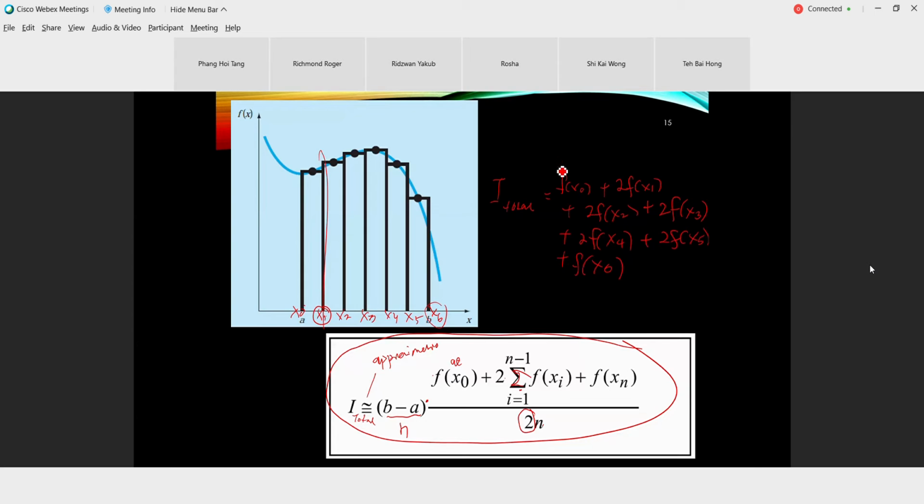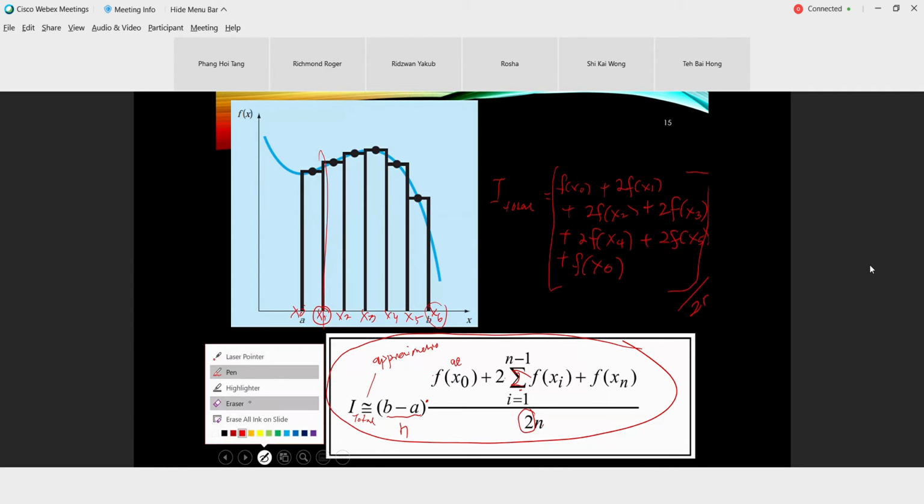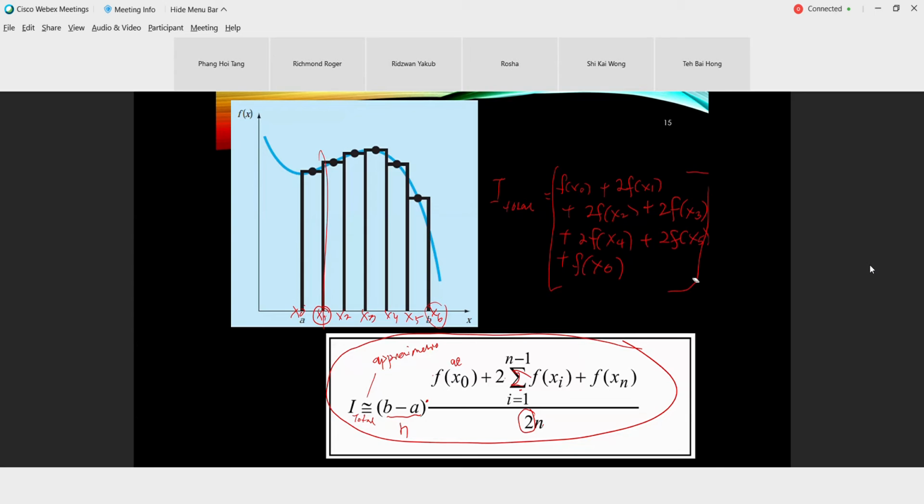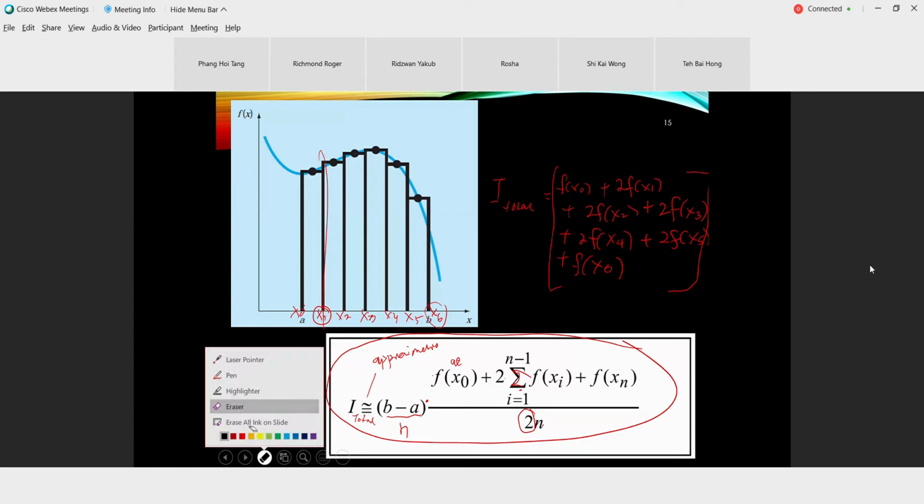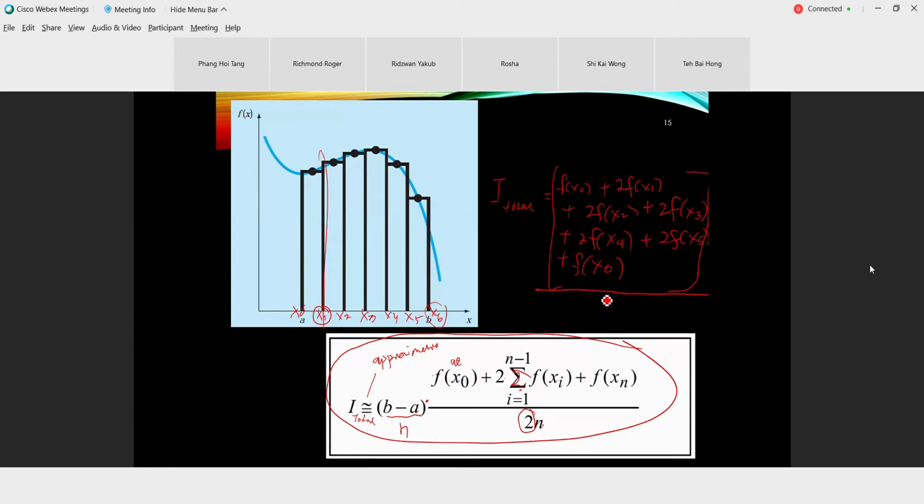So for this overall, divide by n. Don't forget to multiply by b minus a.